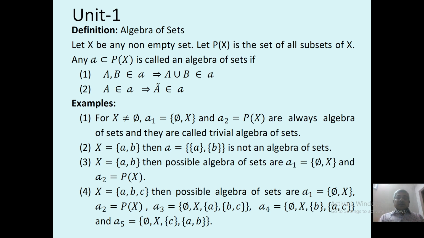So let us start our subject real analysis. Each and every subject is divided into 4 units, 1 to 4. So our syllabus will contain 4 units. Out of them, let us start the first unit.